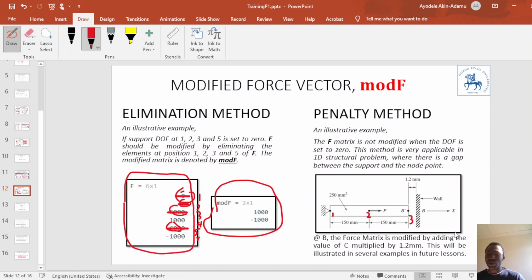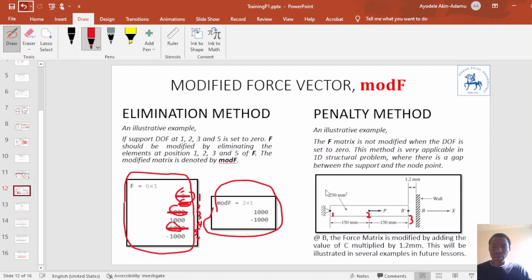So in the force vector at position 3, I will need to add C times 1.2 to the value of the element at position 3 of the force vector. So this is how the force vector matrix is modified using the penalty approach.